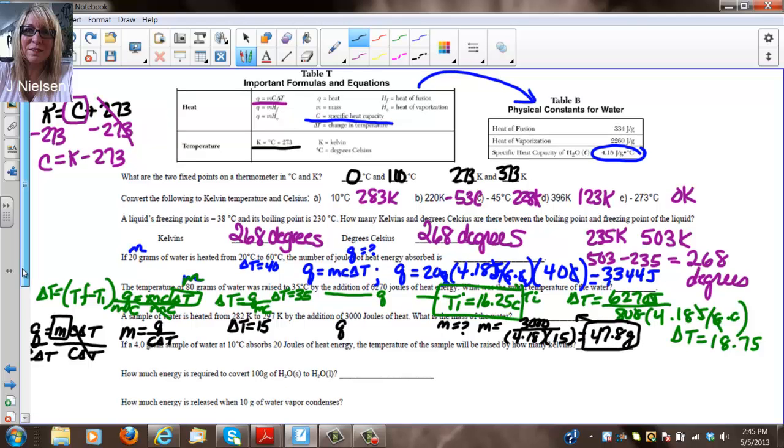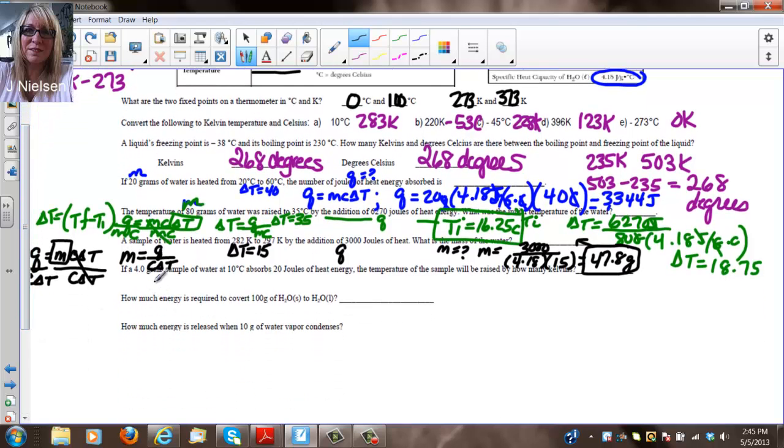Okay, moving along. If a 4-gram sample of water, so this is my mass, 4 grams, at 10 degrees, so this is kind of my TI, it's at 10 degrees, absorbs 20 joules of heat. This is my Q. The temperature of the sample would be raised by how many Kelvin? So we're looking for our delta T. So I'm going to use Q equals MC delta T. I'm solving for delta T, so I divide both sides by MC.